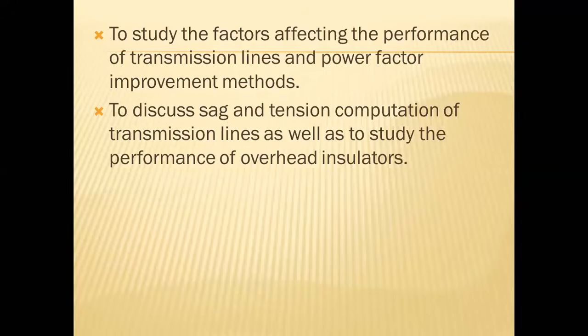It will have a lower arc. That property of the line is called sag. And the conductor will also experience tension. So it is important for the design engineer to estimate sag and tension in the transmission lines and design the distance between the supports, height of the supports to make the operation effective.